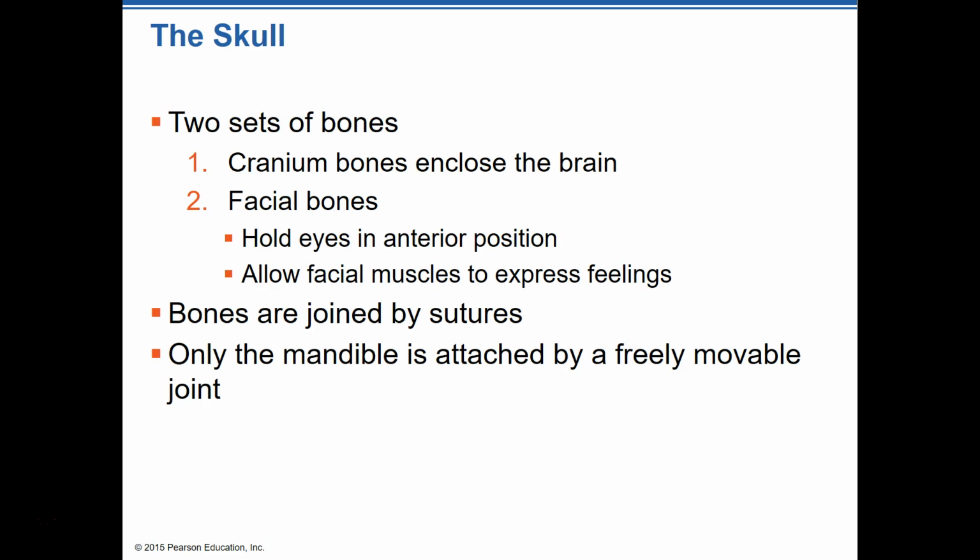All right, so we look at the skull. Skull is made up of two sets of bones. There's cranium, and what I mean by two sets of bones, there's a lot of bones in the skull. But if we were to divide the skull into two sections, this is how we would do it. The first would be the cranium, and there's several bones that enclose just the brain.